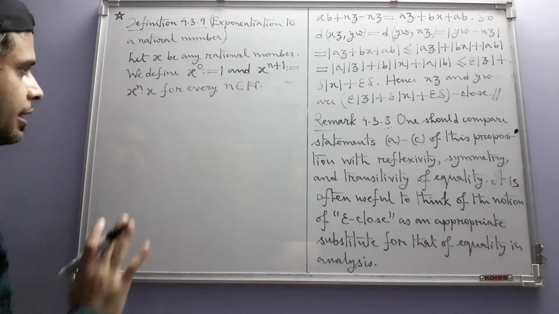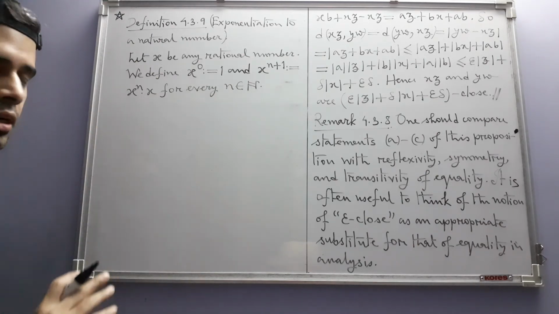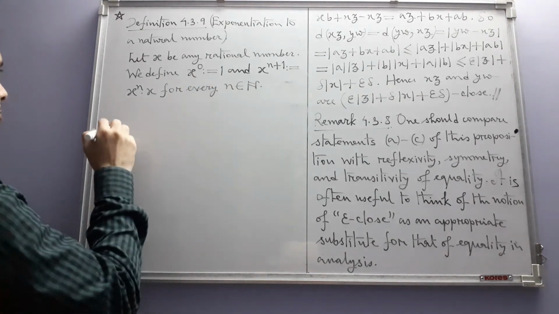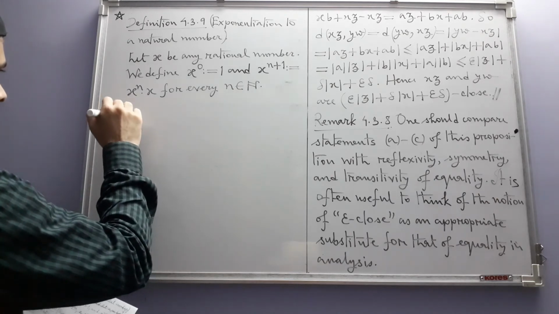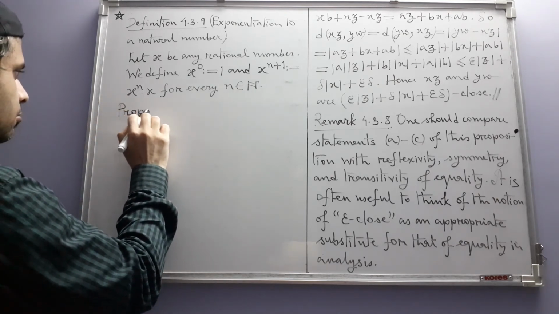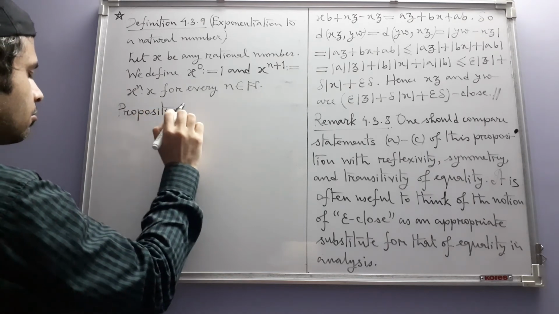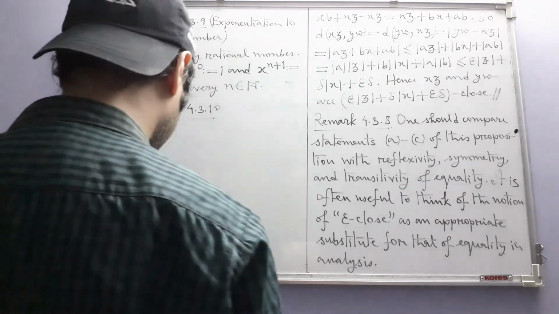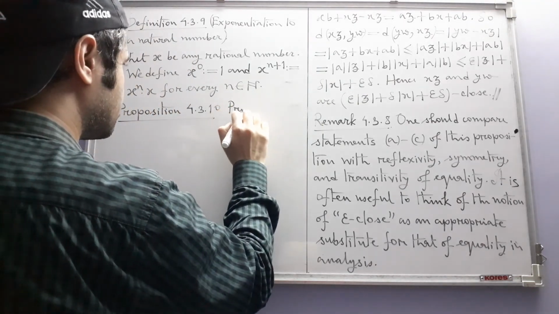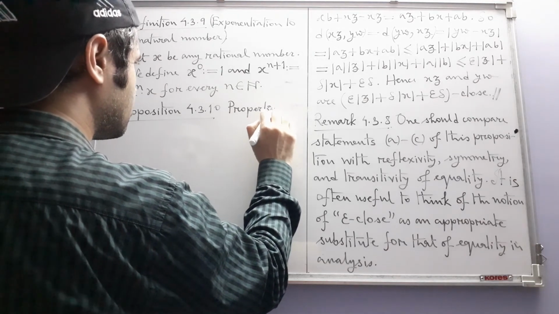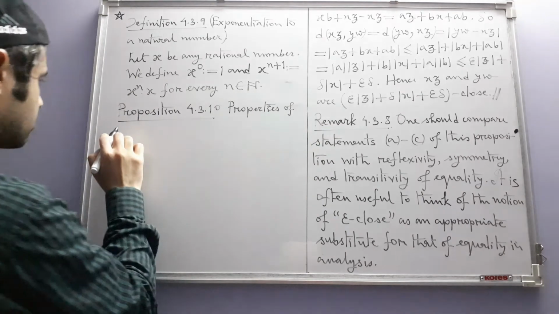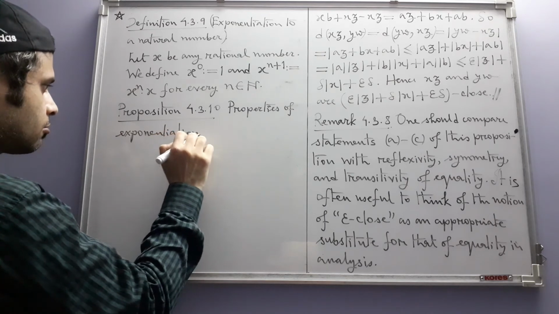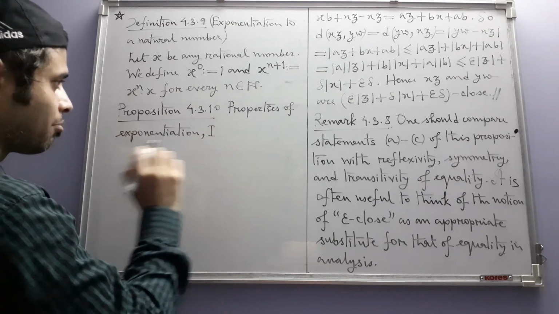Now, immediately after this definition, we look at the properties of this exponentiation. So that will be proposition 4.3.10, properties of exponentiation, part 1.